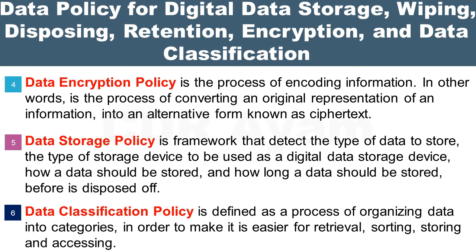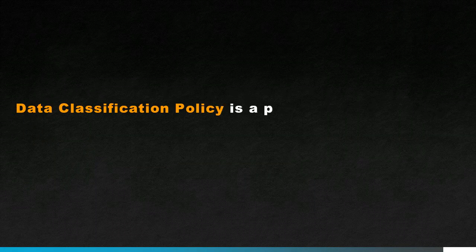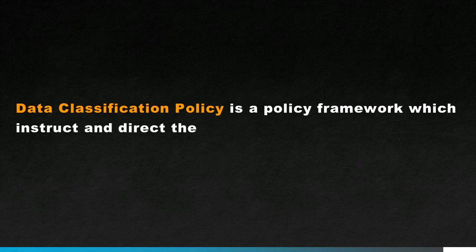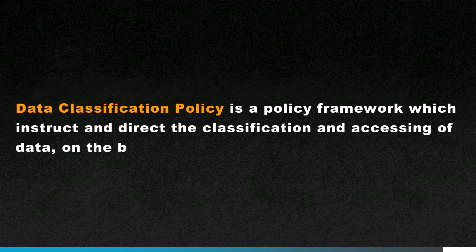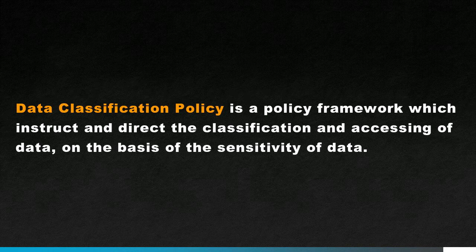In general terms, data classification is defined as a process of organizing data into categories in order to make it easier for retrieval, sorting, storing, and accessing of data. But in the context of information security, a data classification policy is a policy framework which dictates and directs the classification and the accessing of data on the basis of data sensitivity. In other words, a data classification policy describes the accessibility of data on the basis of an authentication security clearance.